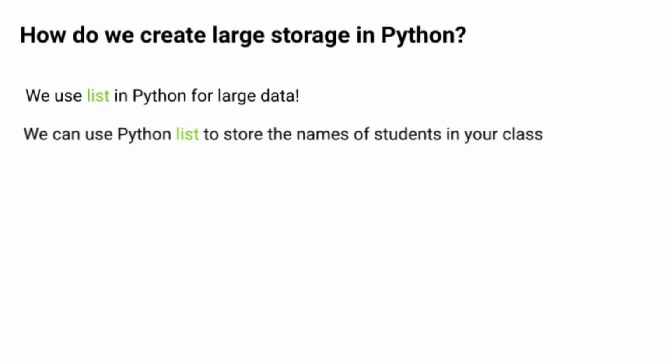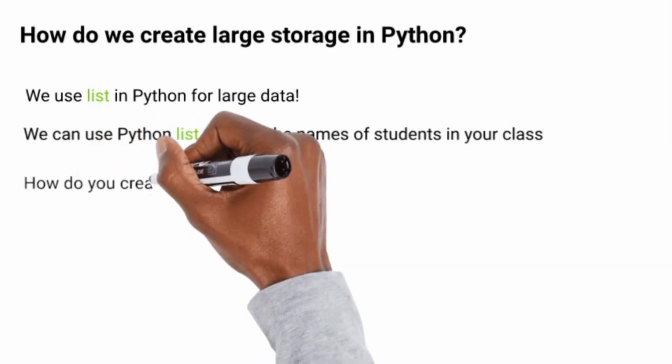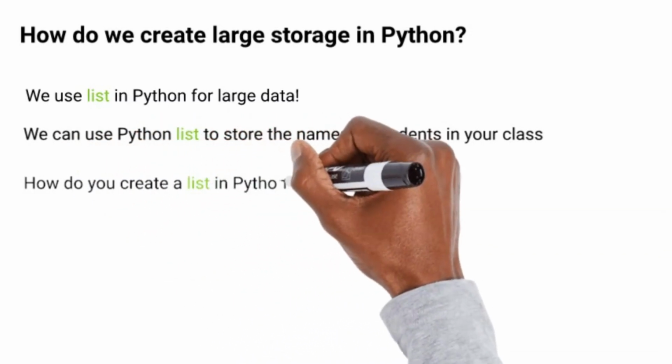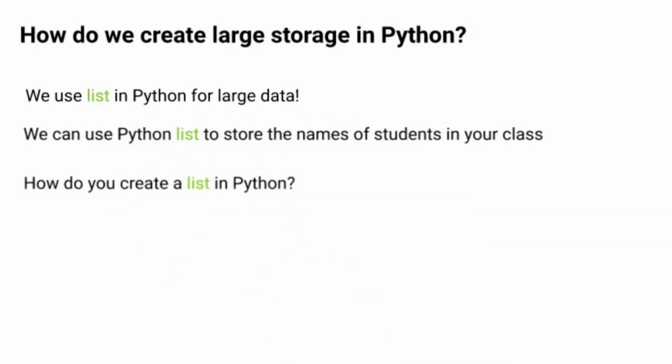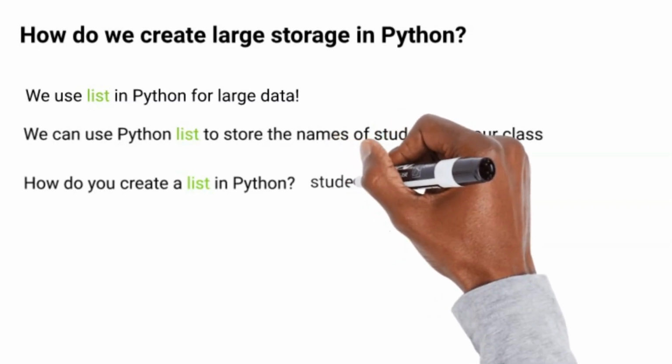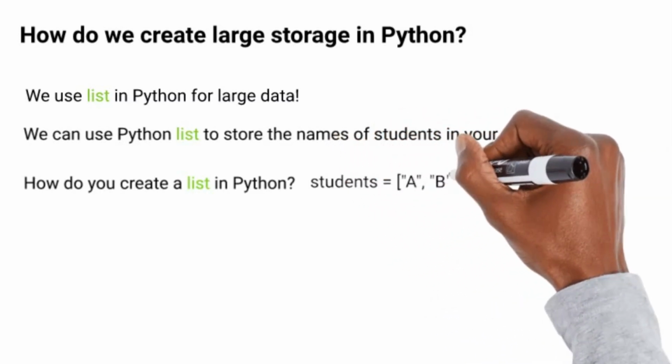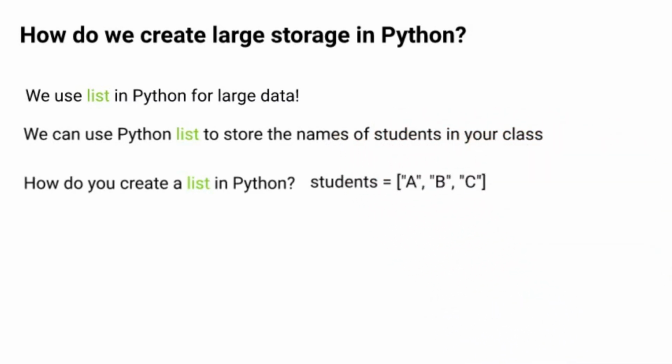If you want to declare a list, this is how you declare it. First, you have to give the list a name. Let's say the list that we want to create is students, or we can say student in my class, or just student. When you do that, you then have a square bracket. Don't forget, this is going to be a square bracket.